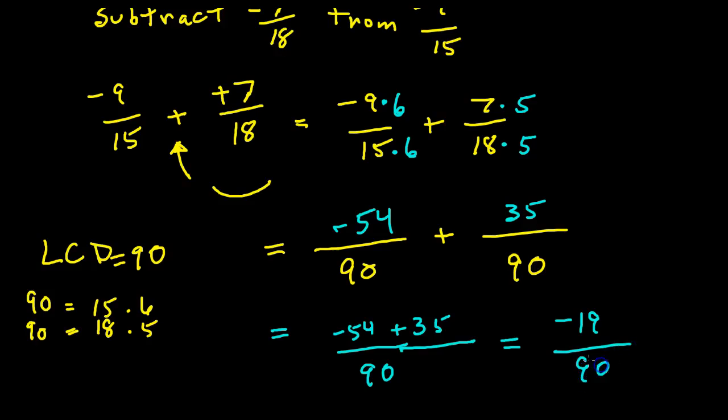So I'll write it minus 19/90ths. And that can't be reduced. 90 is not a multiple of 19, so there are no common factors to simplify here. That was example 11 in the book.